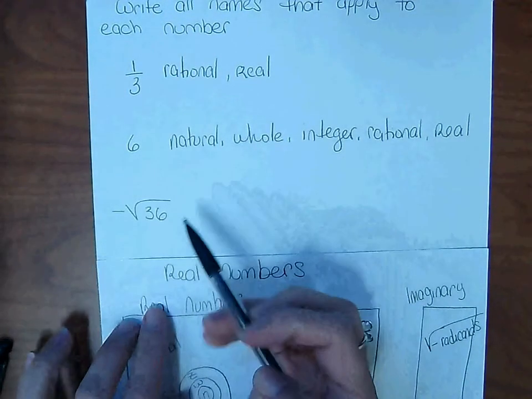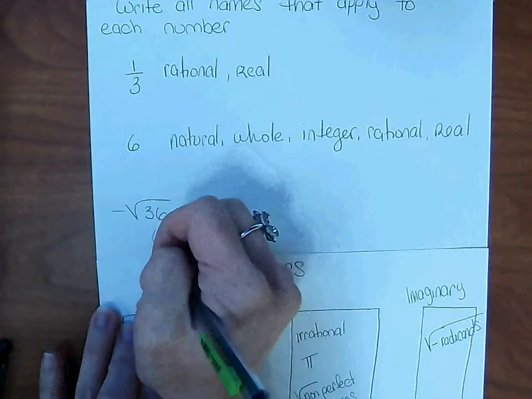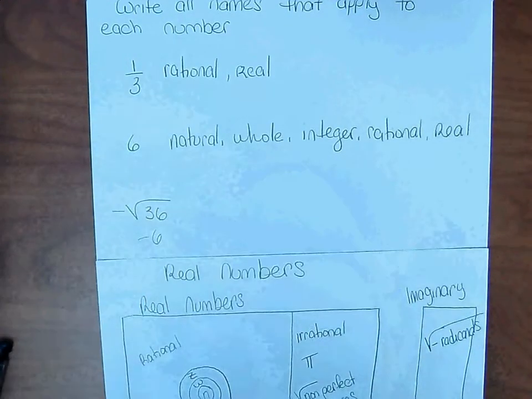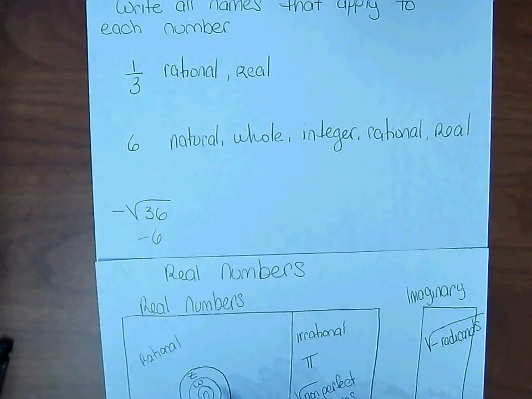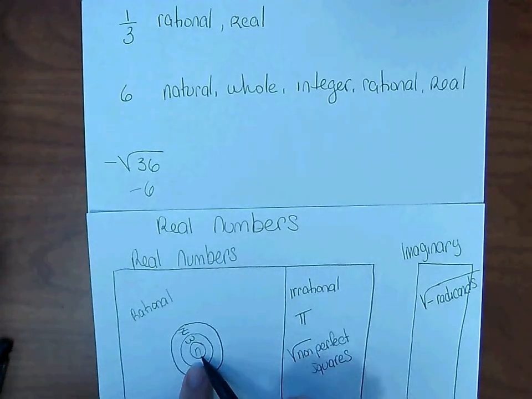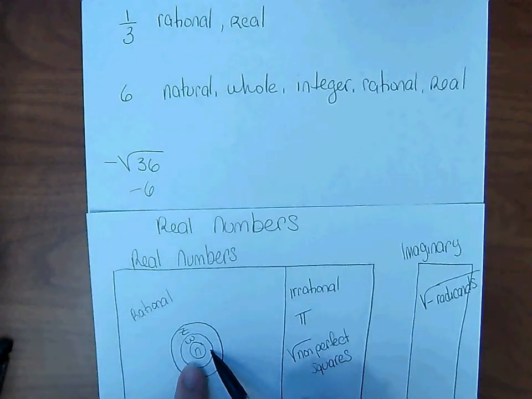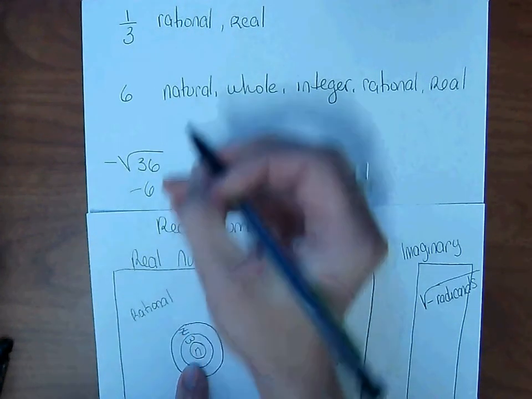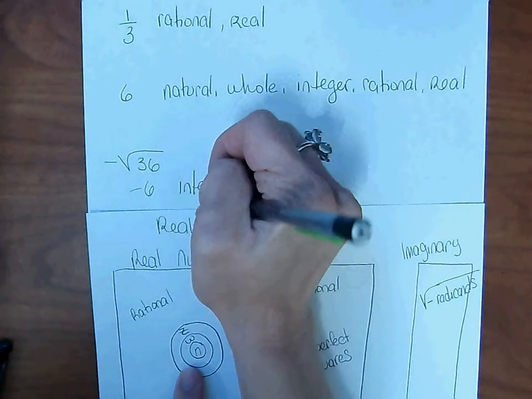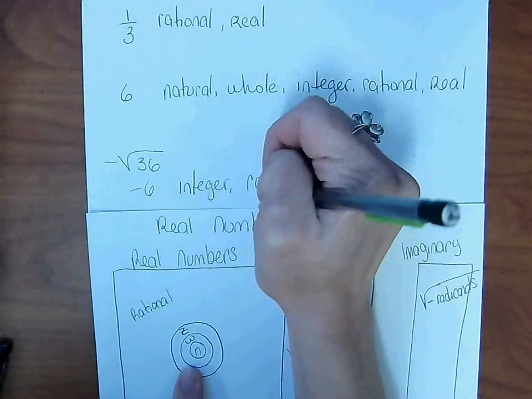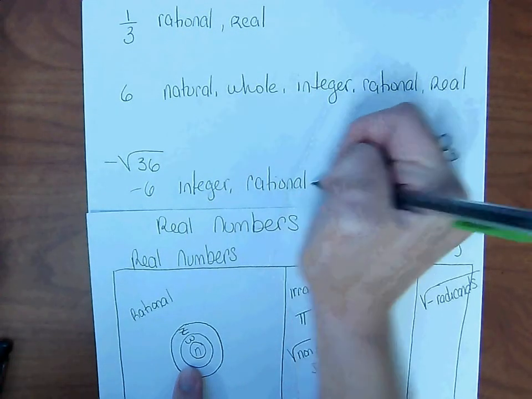Well, the square root of 36 is 6, and the negative comes out in front, so negative 6. Negative 6 is not a natural or a counting number, so it is not a whole number. But it is an integer because it's the opposite of a whole number. So it's an integer, and therefore it is rational, and it is real.